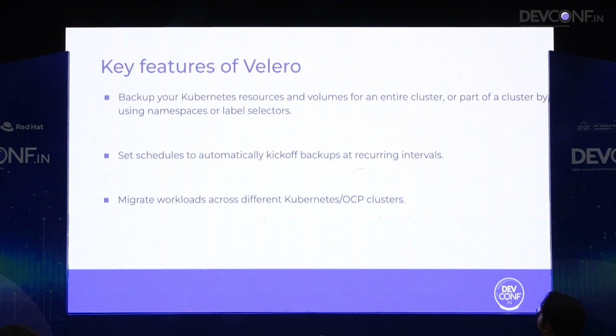You can also specify a label selector, or write the resource name, and that is also possible. You can set schedules to automatically kick off at recurring intervals. Suppose you don't want to do it manually every time, you can set a cron job at a certain interval of time, for example today, or the day after tomorrow. You can also migrate workloads across different clusters, from one version to another. That's also possible with Velero. These are the features Velero provides, but there are many more.